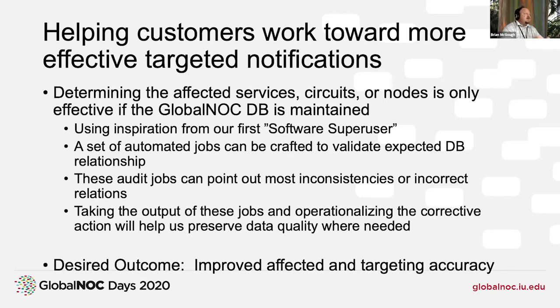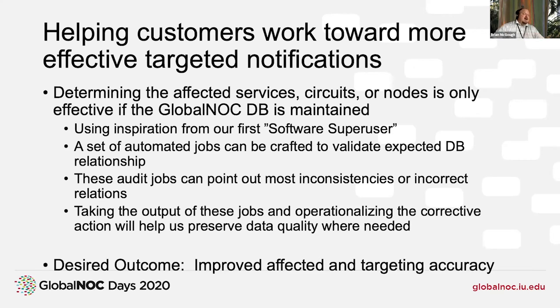So one of the things that we've been talking about is, and this is kind of inspired by what I'll call our first software super user, Molly Bayless, who works with the Internet2 team. She wrote a whole bunch of automated jobs that run nightly or weekly that basically do an audit of the Internet2 data. What that does for them is it'll point out any inconsistencies or incorrect relations, and it gives them the opportunity to take corrective action and get the data quality back up to where it's needed, right?